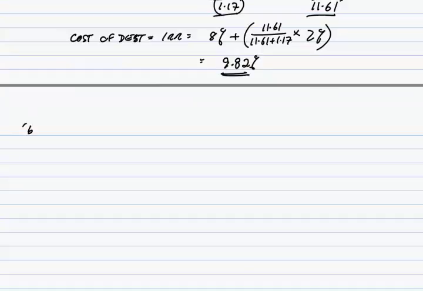Let's go on to part B. Discuss the reasons why different bonds of the same company might have different costs of debt. It's a general one, so it doesn't really matter whether you got the answer to part A right or wrong. But here, bond A, we have worked out, is 9.82%, whereas bond B, it actually tells you the cost of debt of this bond is 7.82%.